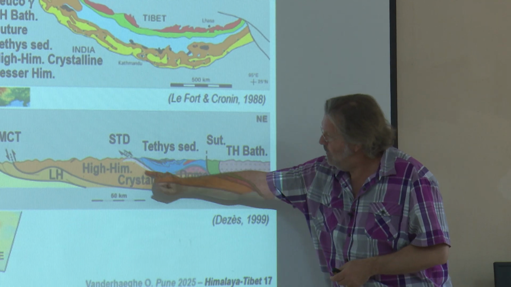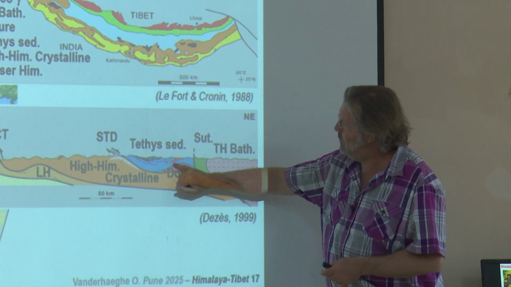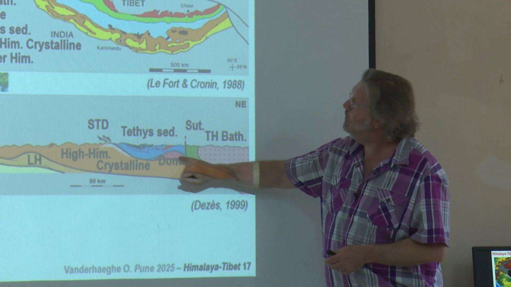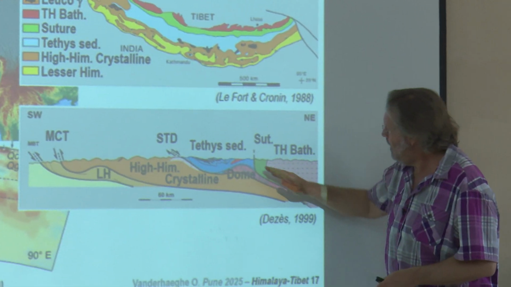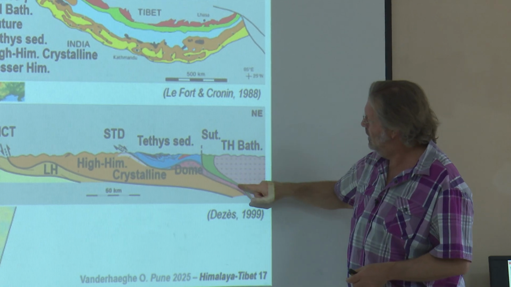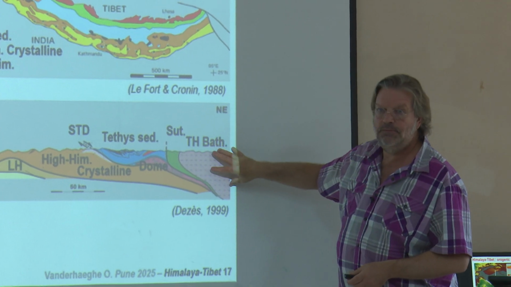North of the Tethyan sediments, there is a dome structure, and we see an example of the Somorari nappe here. And then there is a suture, the Indus-Yarlung Tsangpo suture in green, and in red, the Trans-Himalayan batholith.